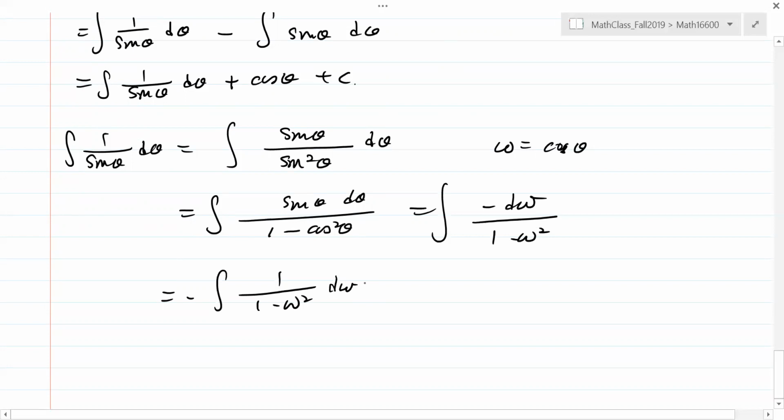This is in the section on the inverse hyperbolic functions, chapter 6.